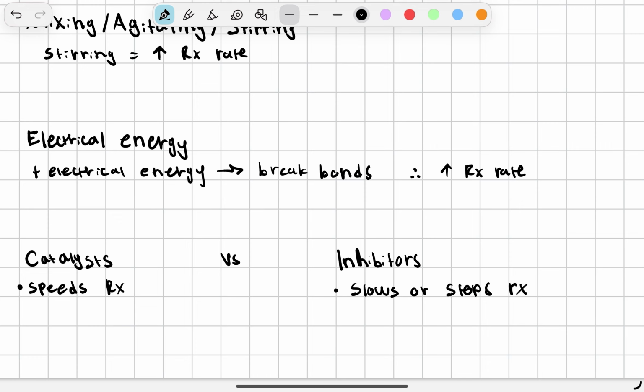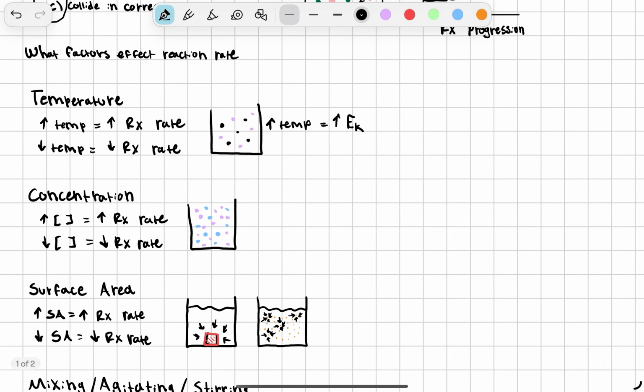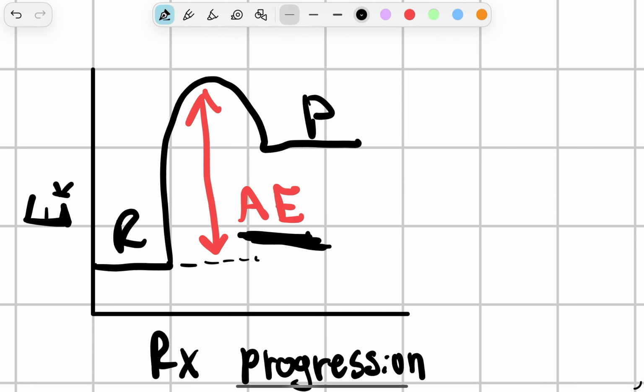Okay? So, how does the catalyst speed up a reaction? Well, it lowers the activation energy needed. So let's just go back up to this picture I drew here.